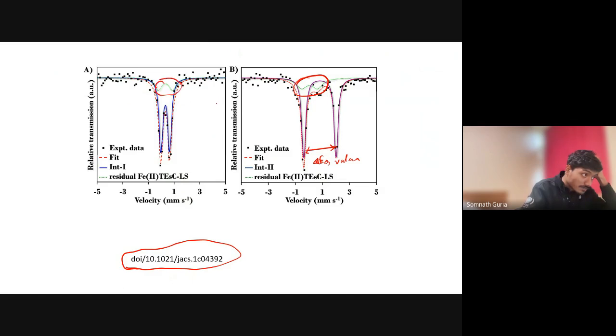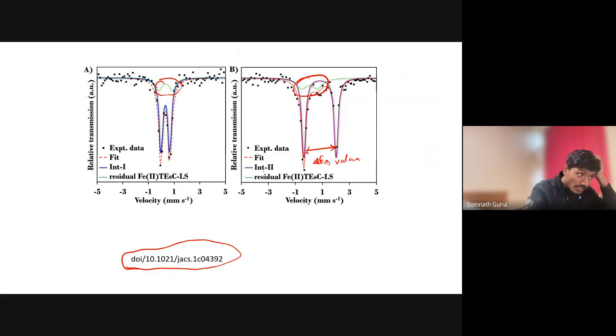And then here also they took the iron 3, and then the further one-electron reduced species with the CO2 bound, and it becomes a COOH, and then they found this spectrum. This black dotted line is the actual data, and this red line is the fitting data.